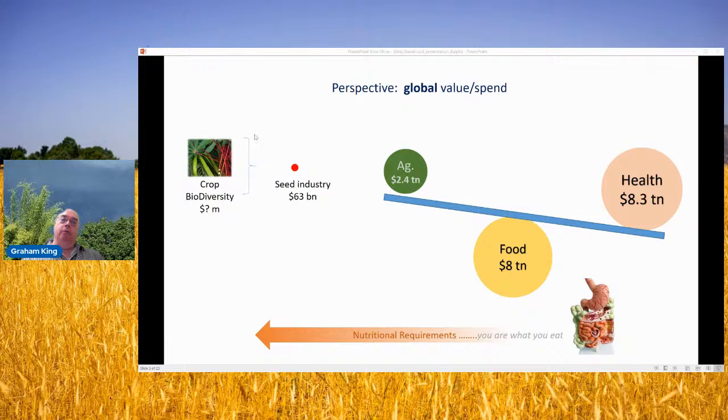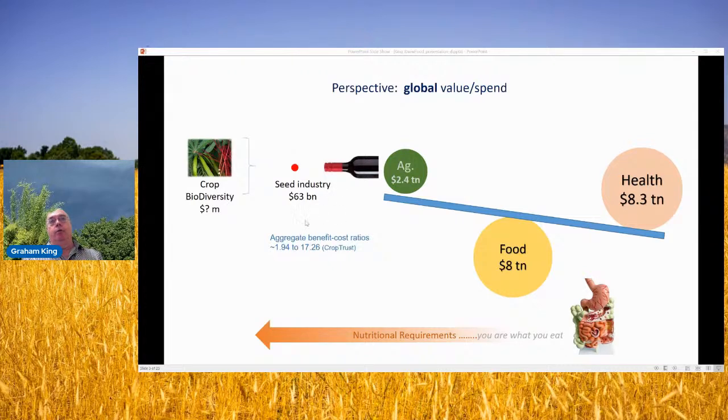What's even more remarkable, and this is a figure just for general comparison, is that around 63 billion is reckoned to be the size of the global seed industry that supplies agriculture for the crops. It's a real bottleneck in terms of harnessing the biodiversity and making it available for agriculture, and then through the food chain.